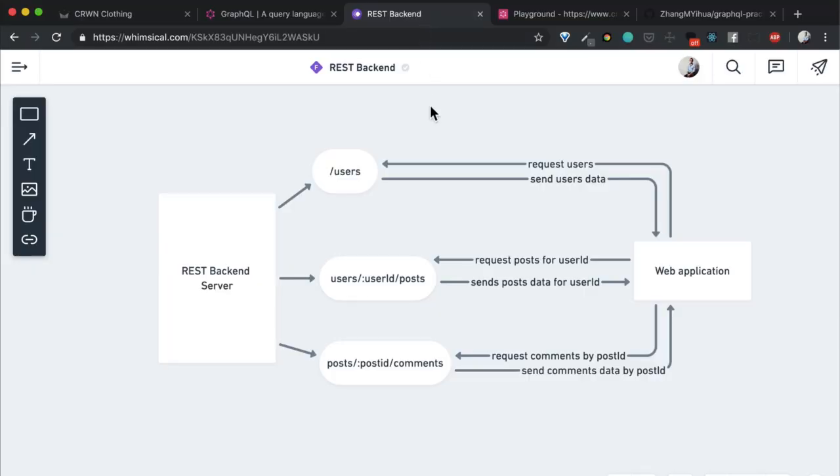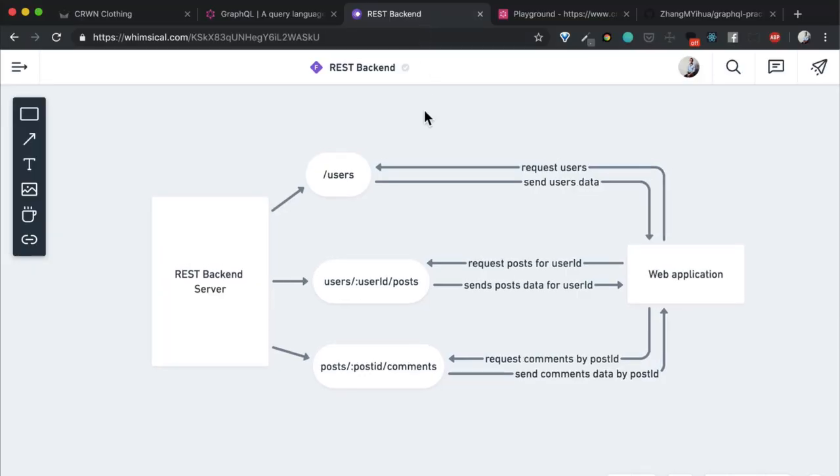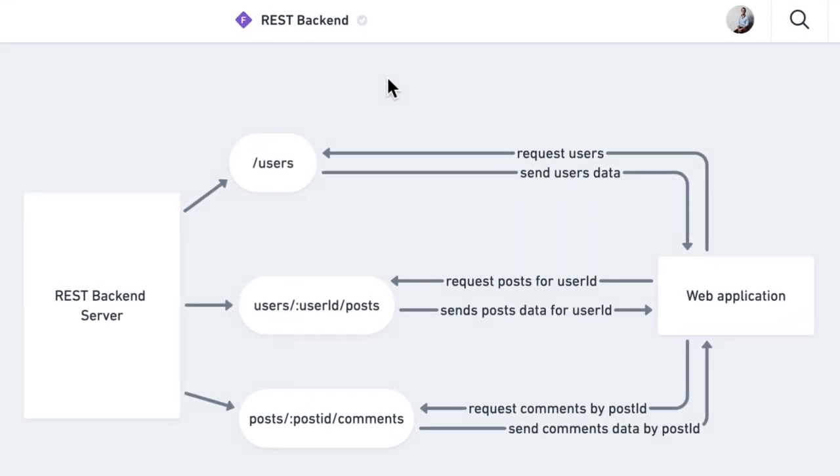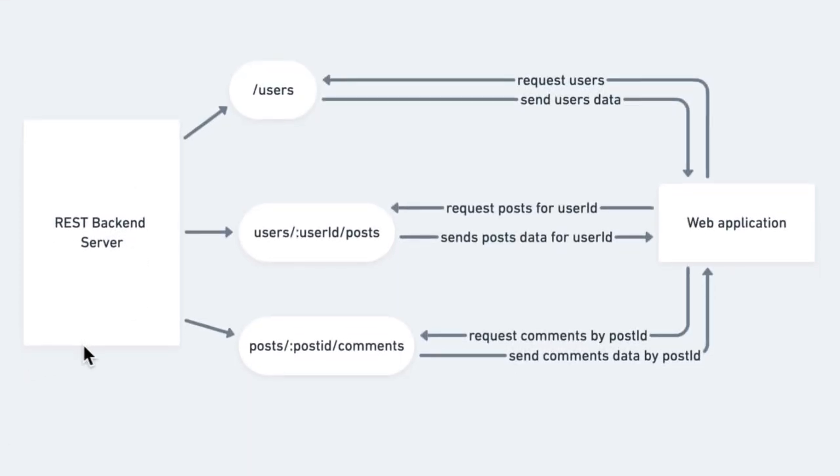So if we look back at this diagram, what this diagram represents is a typical REST backend server. So a server will expose different endpoints that have different things that they can do when you on a front-end application or client make some kind of request to it.